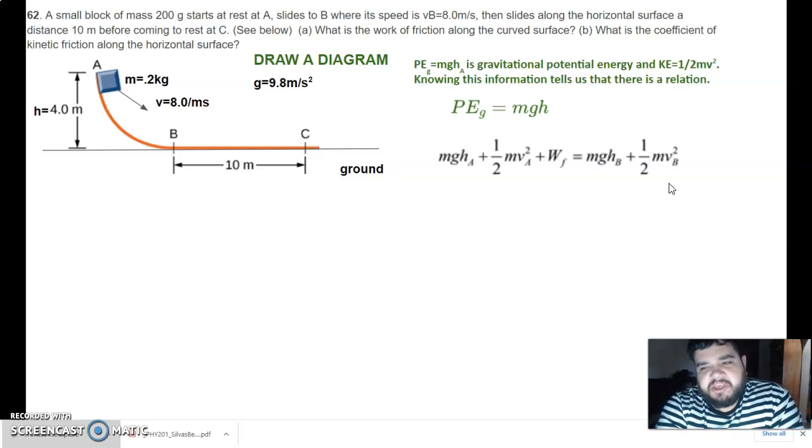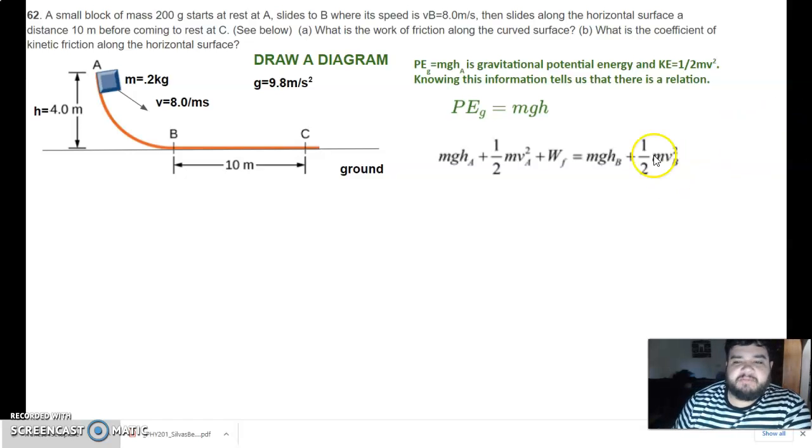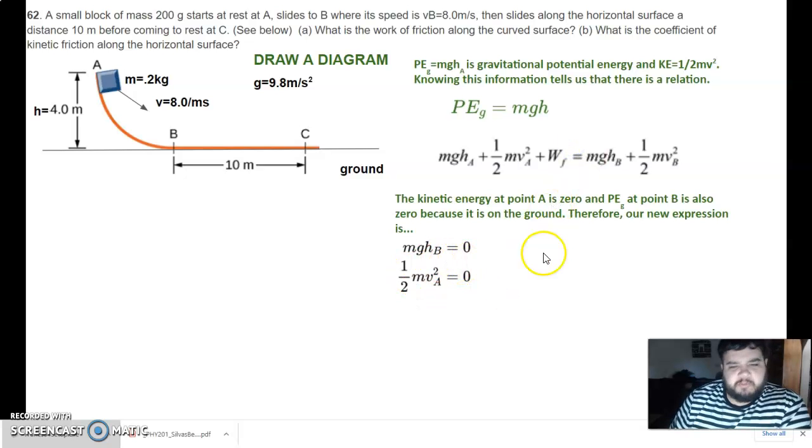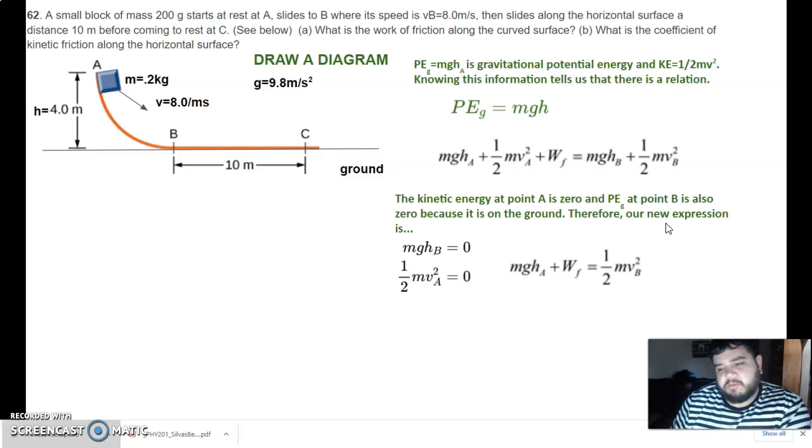And then when we create our relation, we have the mgh of point A plus the kinetic energy of point A plus the work due to friction is equal to mgh, the gravitational potential energy, plus the kinetic energy, which is 1/2 mv squared at point B. Since the kinetic energy at point A is 0, because it's not moving, and the potential energy at point B is also 0, we can fill them in and simplify.